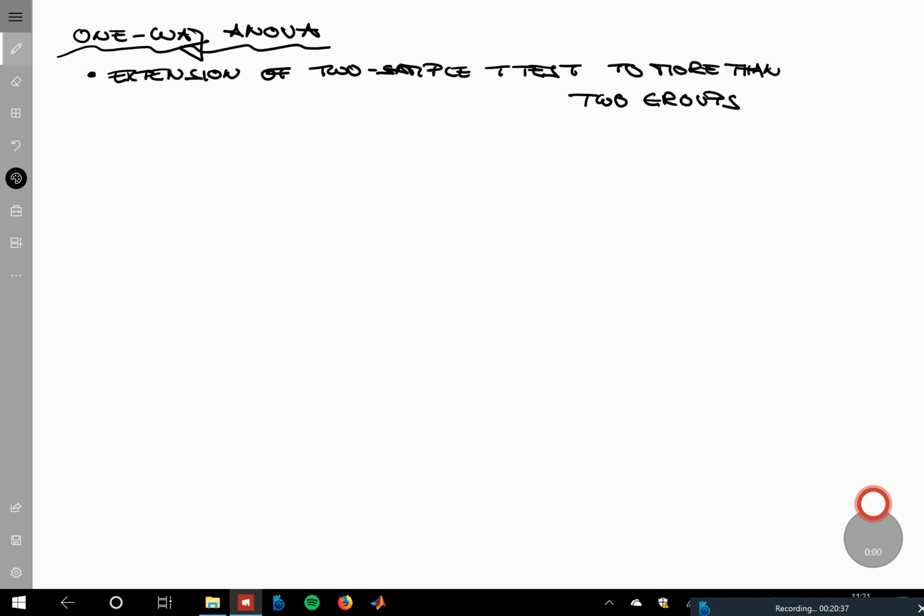Let's assume for the example we have three groups, and we denote the data that we get by Yij, where i denotes group, and j element in group.